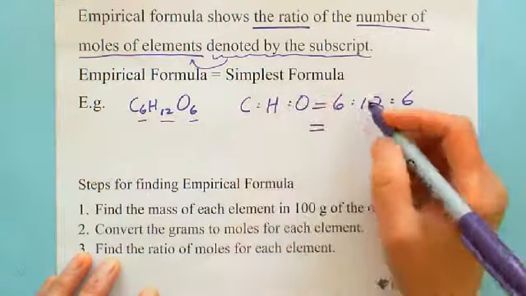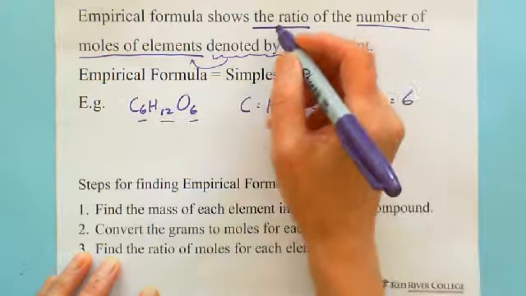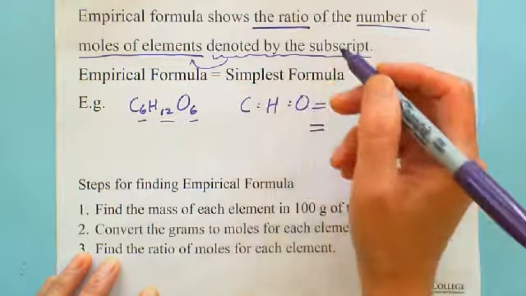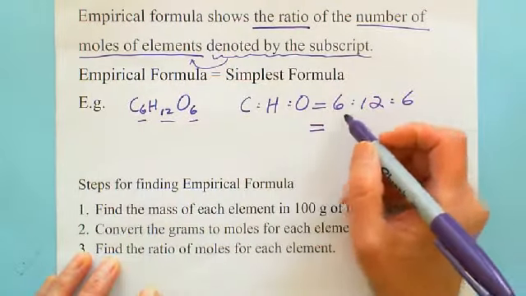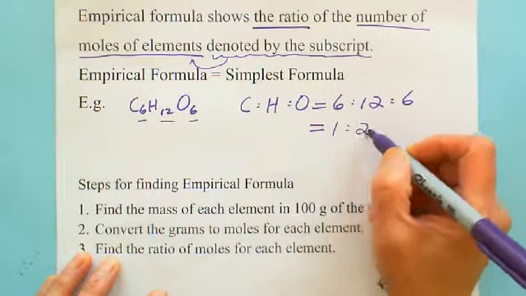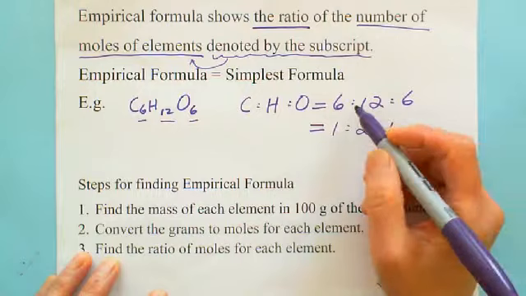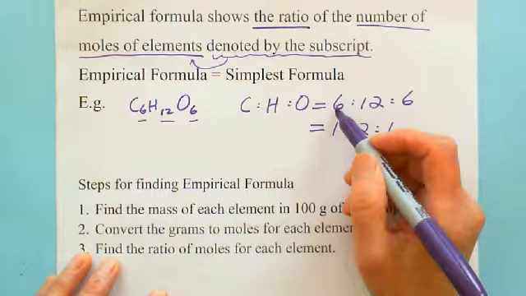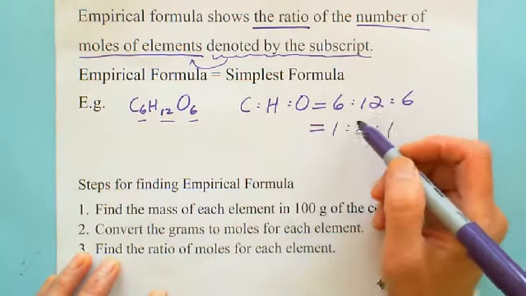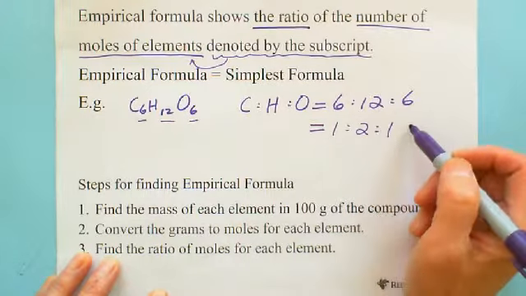The simplest ratio, which is what we talk about in empirical formula, is 1 to 2 to 1. Because for 6, 12, 6, we divide each of them by 6, and we get 1 to 2 to 1.